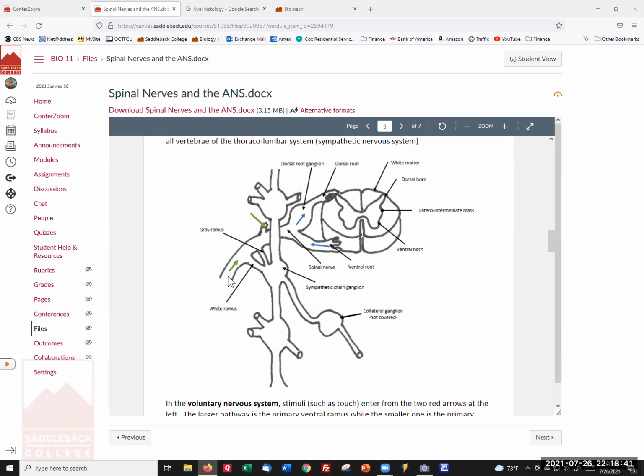You might have a sensation coming in, but is that going to activate the voluntary or the involuntary nervous system, or both? Well, when it activates the brain to cause the formation of an impulse to go out to a muscle, it's going to the voluntary nervous system. By the muscle, I meant skeletal muscle.